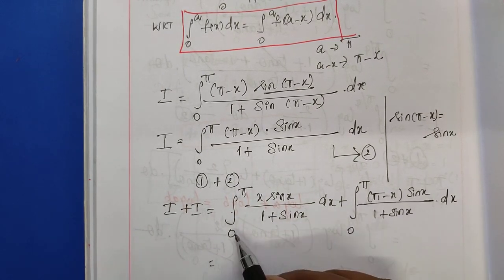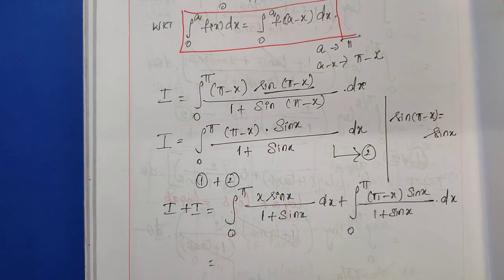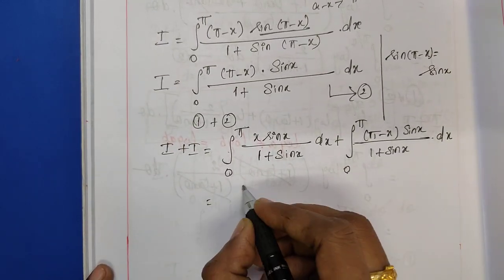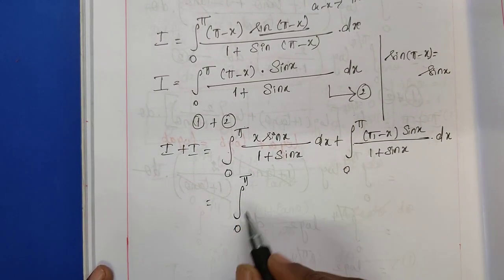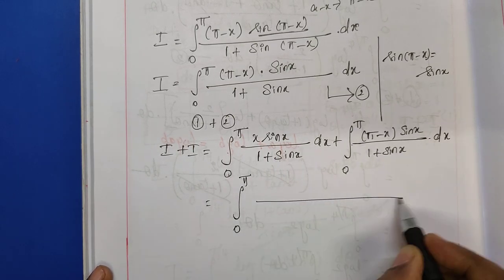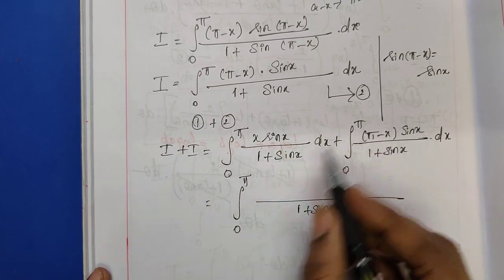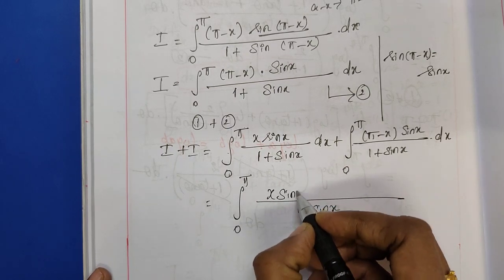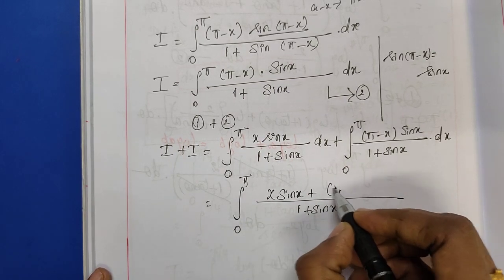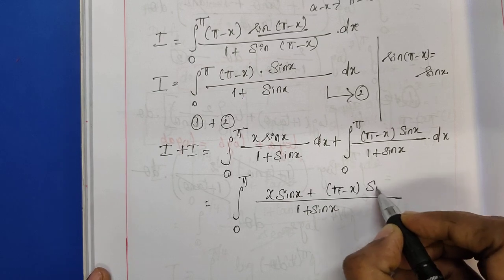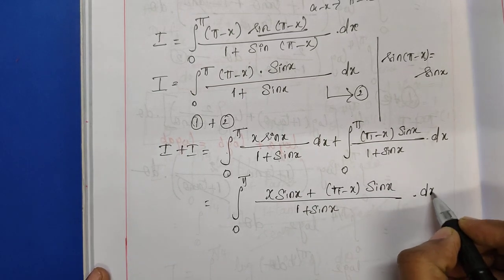Both integral limits are the same, 0 to pi, so write it as a common integral from 0 to pi. The denominator is also the same, 1 plus sin x. Just add the numerators: x sin x plus pi minus x times sin x, dx.